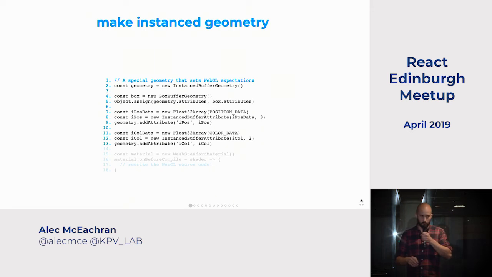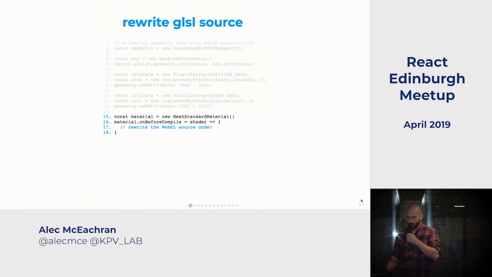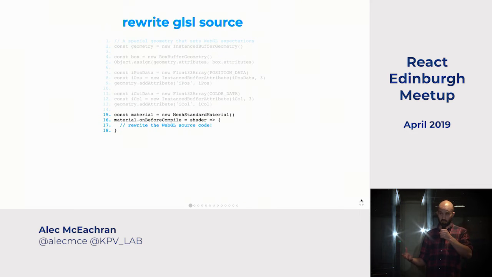And then underneath, I'm giving it a whole bunch of data that says, here are the 160,000 positions, here are the 160,000 colors. And then I get to the material, and what I do is I just take a common or garden material and use a hook called onBeforeCompile, and then rewrite the GLSL code.